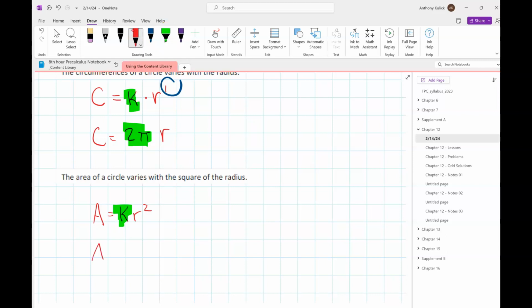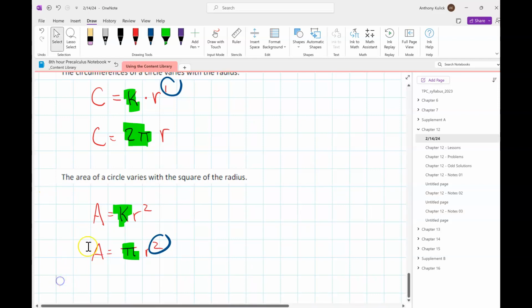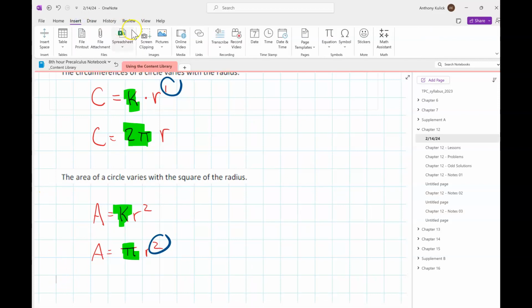What's the area formula for a circle? If you remembered circumference, how do you not remember area? Dude, it's pi r squared, guys. Just pi r squared. So pi would be like my constant of variation, and 2 would be my power. Everybody's still doing okay, other than like Mr. Kulik, I don't remember any of my geometry formulas.